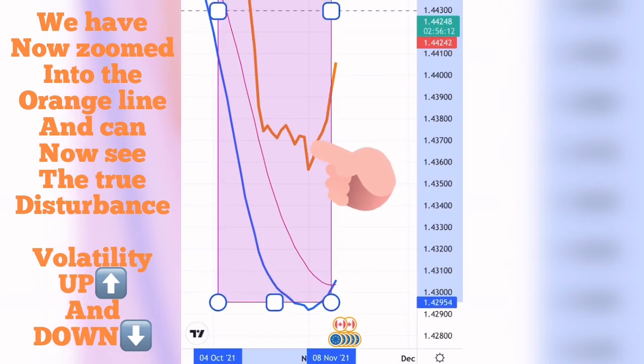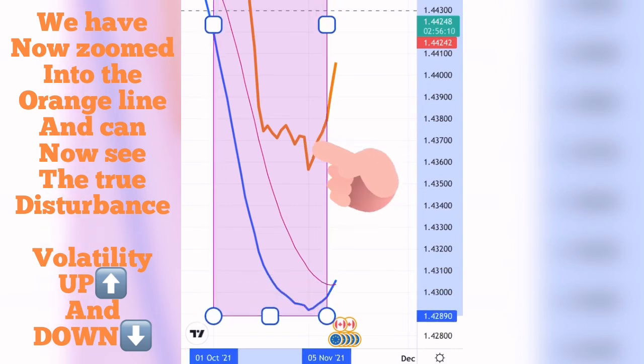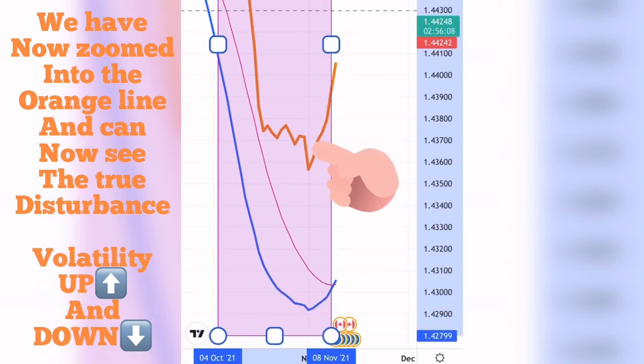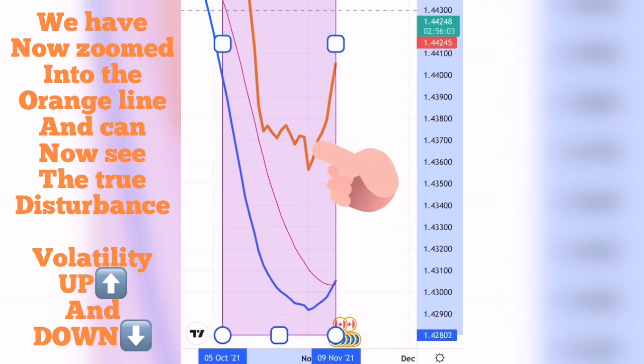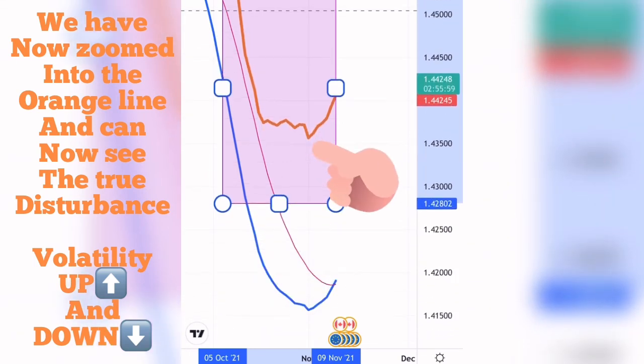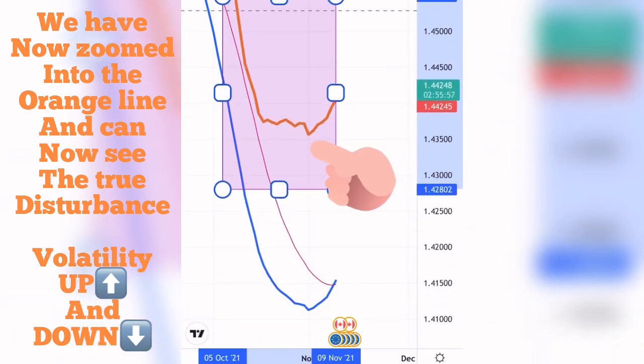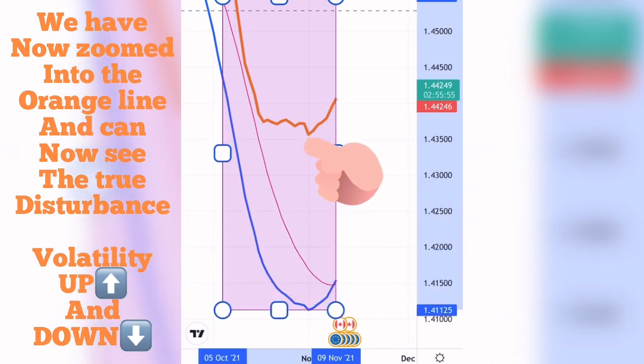I mean, you want to look at both when we do our research, actually. Let's see, October up until recent. Here we go. Okay, so we can see the disturbance. You see all that disturbance in the orange?